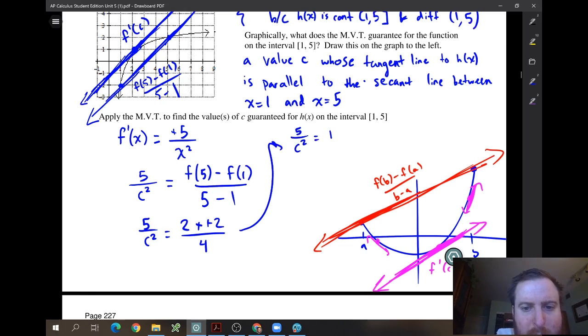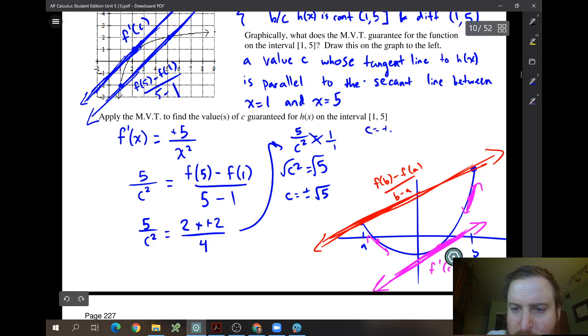Now we can cross multiply, right? Lollipop that, cross multiply, and we get c squared equals 5. Then we're going to take the square root of both sides. And so we get c equals plus or minus square root of 5. Now remember, we said both of those might be correct, or maybe only one of them is correct. So if we think about c equals positive square root of 5 and c equals negative square root of 5, are they both in this interval?